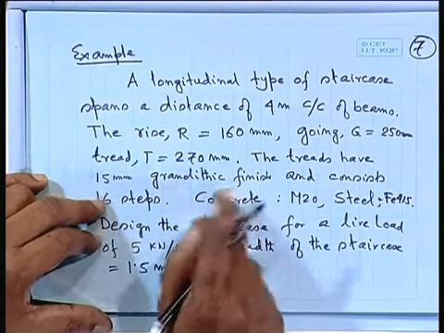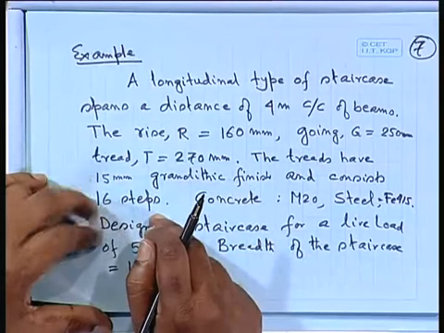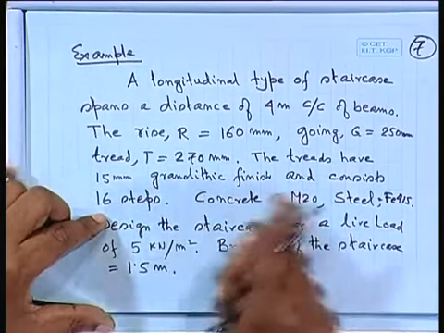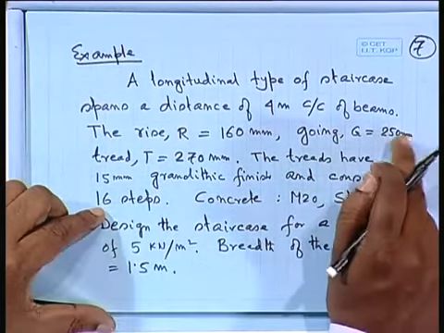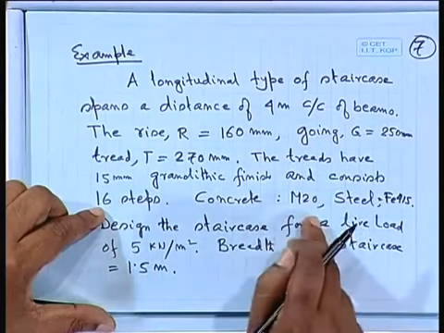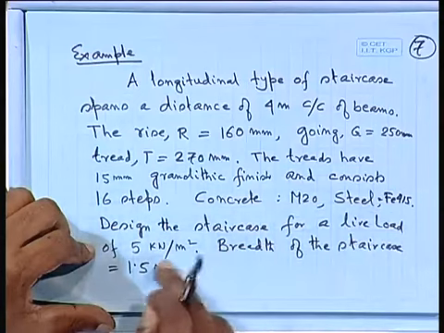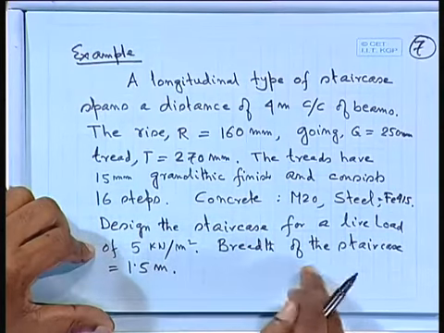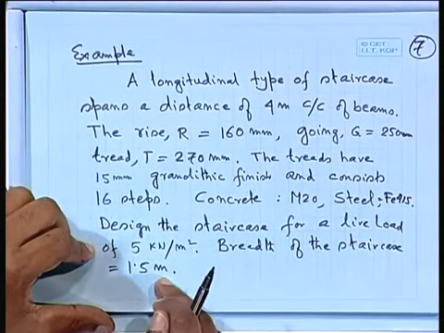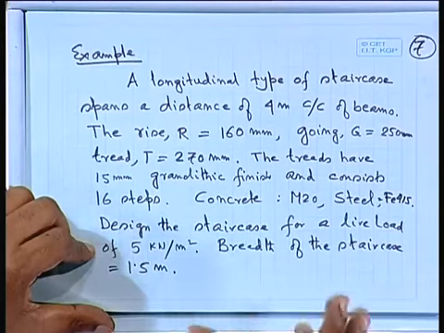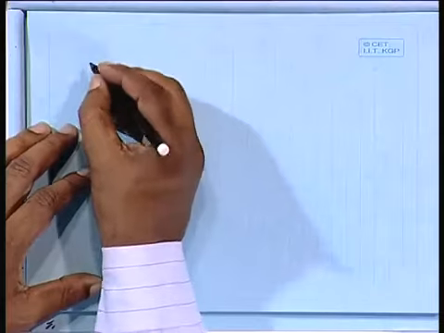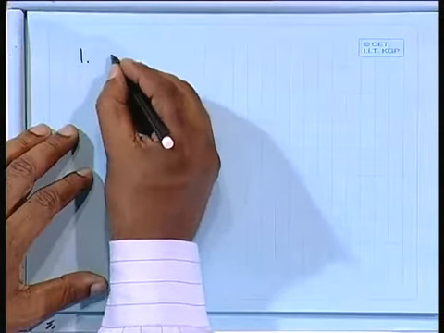The other one, 25 kilonewton for concrete, and we can calculate the 16 steps from the going also. Concrete M20, steel Fe415, live load 5 kilonewton per square meter, breadth of the staircase 1.5 meter, that is given. Number 1, what about the thickness of waist?